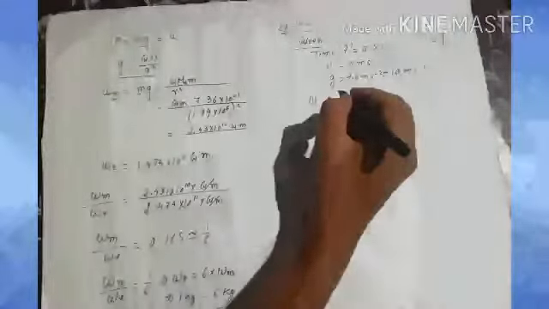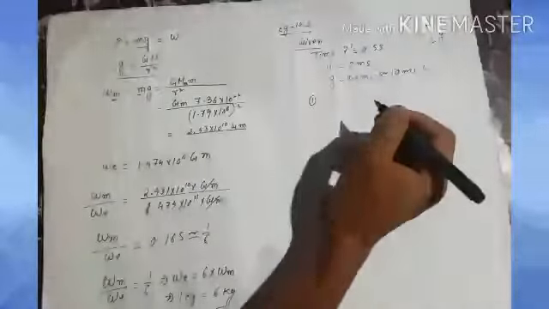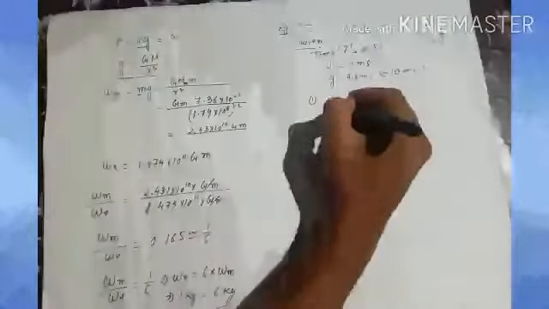In the first part, what is the speed on striking the ground? When it strikes the ground, that is the final velocity. We know the formula v equal to u plus at.